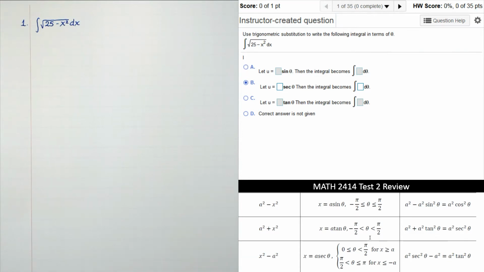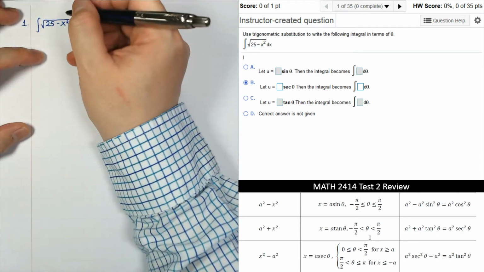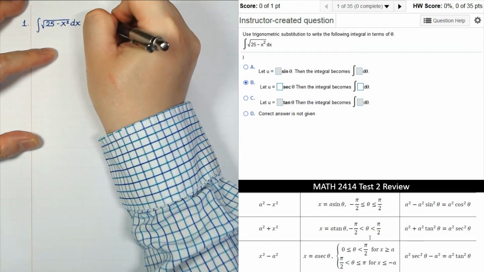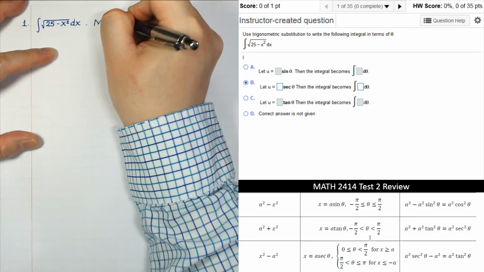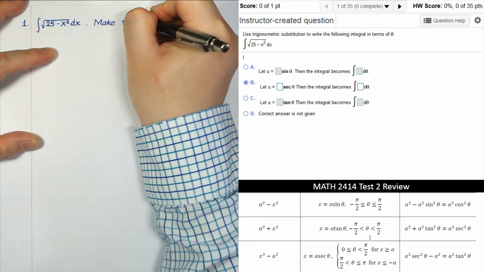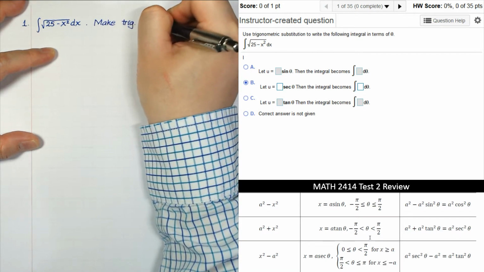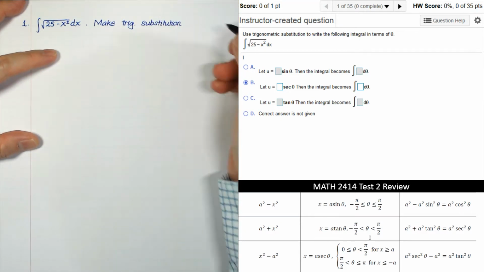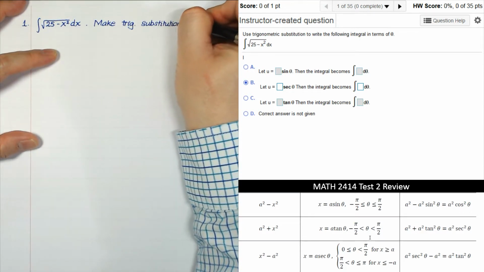So make a substitution and then rewrite this in terms of theta.